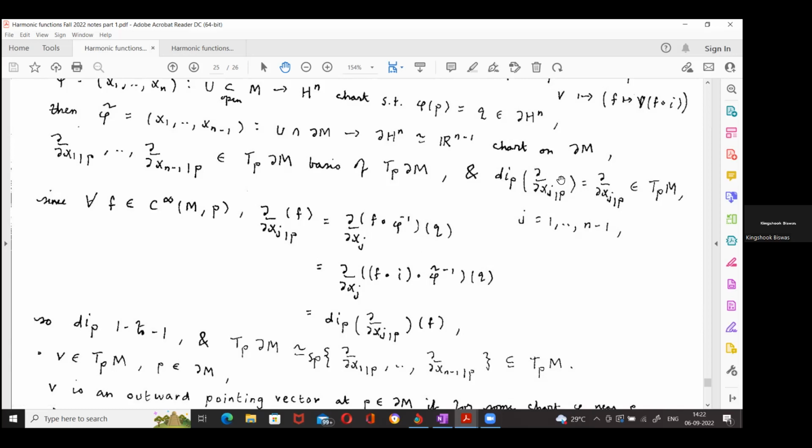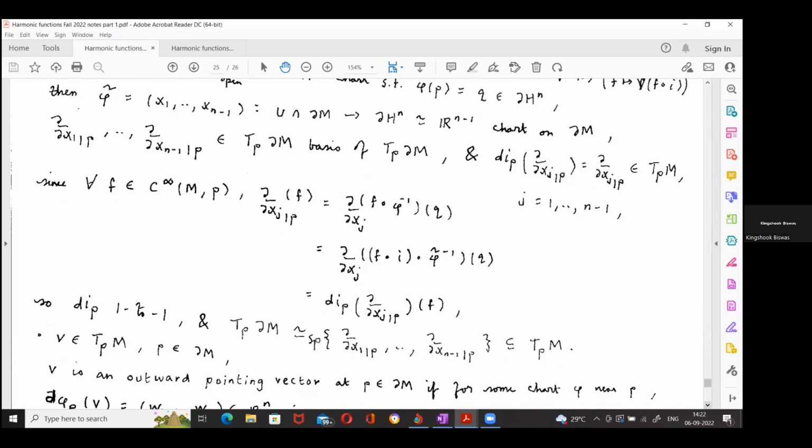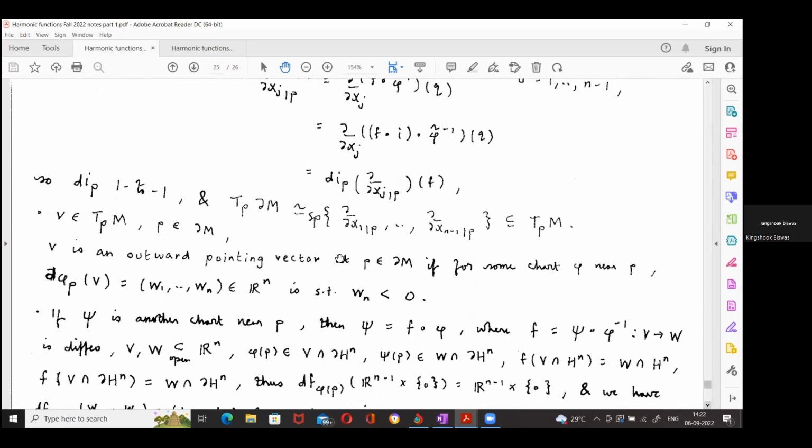So we can identify the tangent space to boundary M with a subspace of TPM via this derivative of the inclusion map. And the tangent space to boundary M is then identified with the span of del del x1 up to del del xn minus 1, this n minus 1 dimensional subspace of TPM. Is this okay?